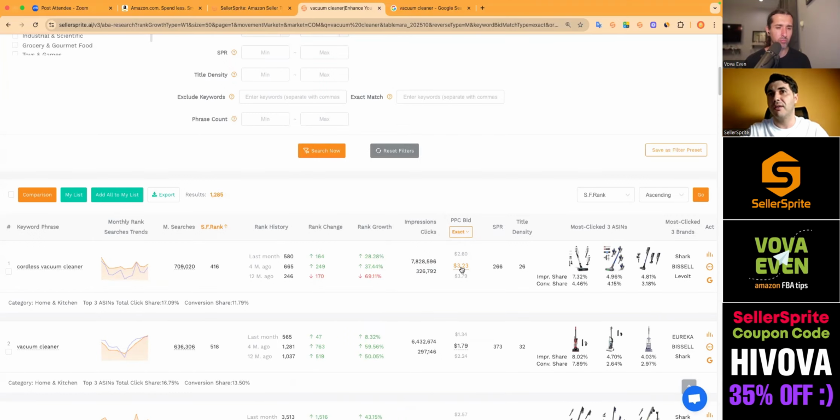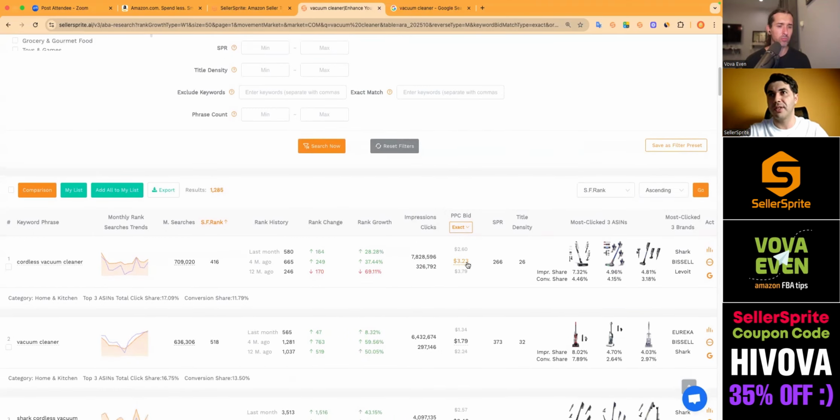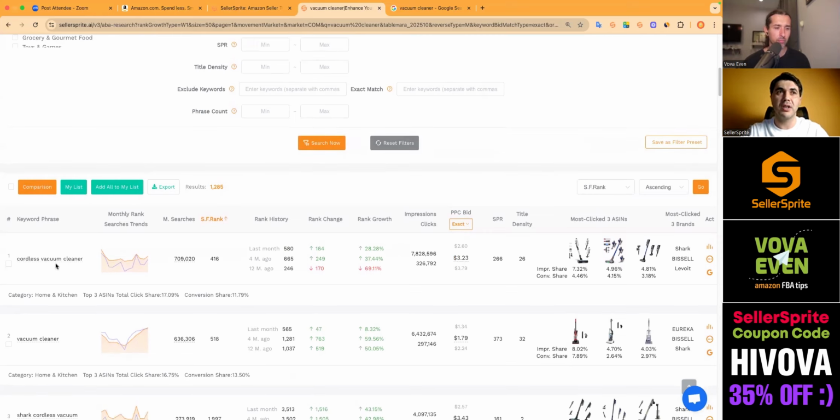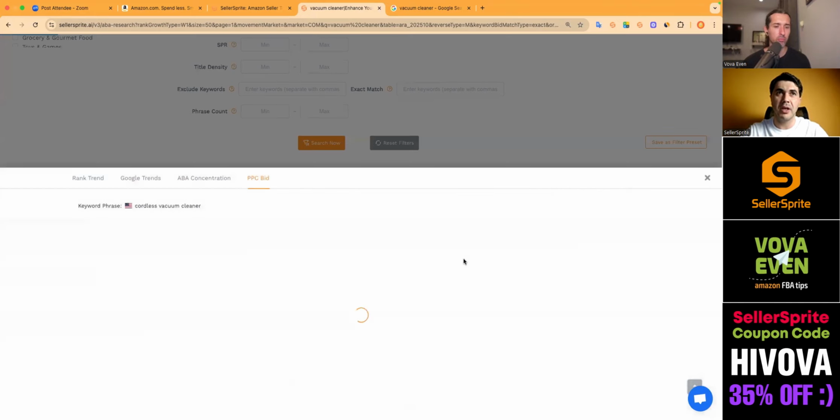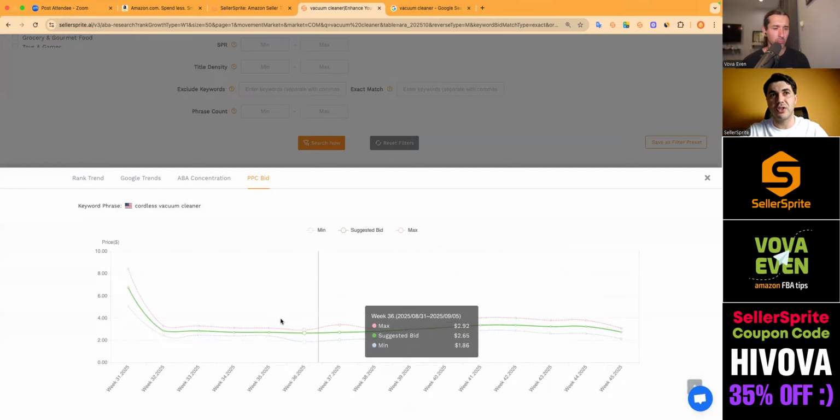And here, very important, we can see the PPC bids average 3.23 per click. It's a little bit higher. This keyword is kind of a competitive keyword, and the PPC bids are also higher. Maybe we can see its trend, how it's changing.